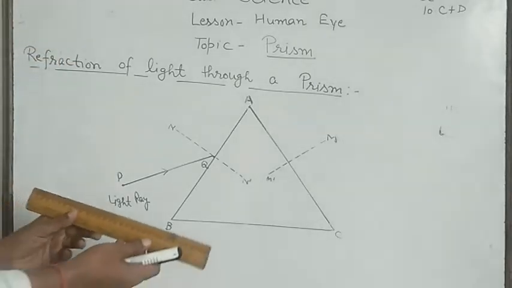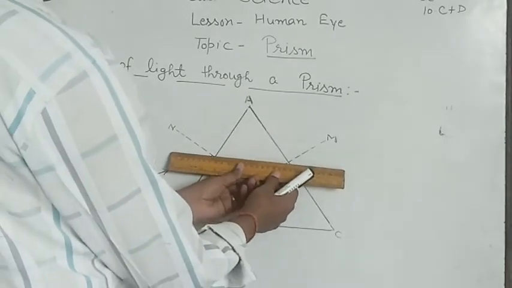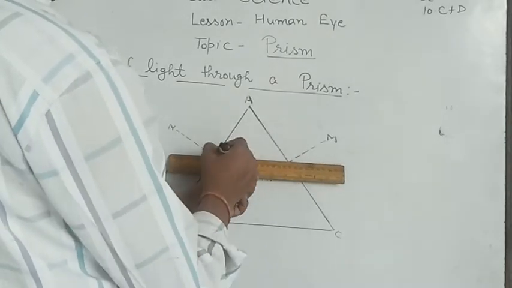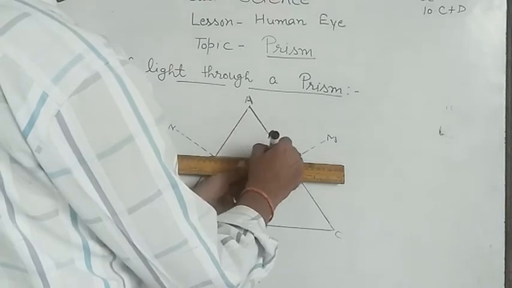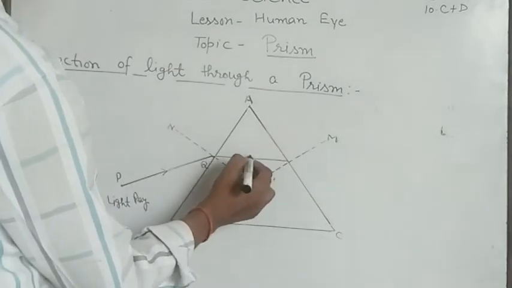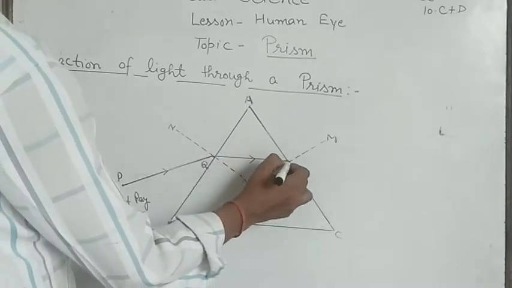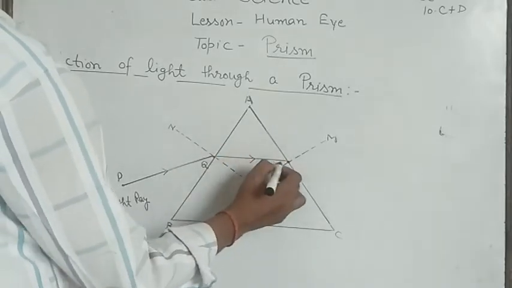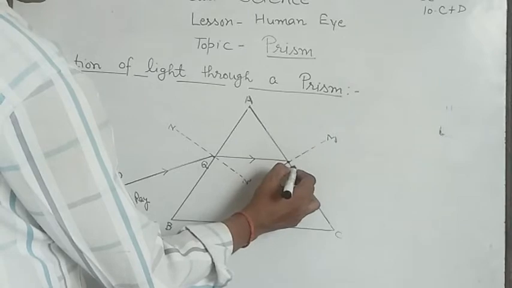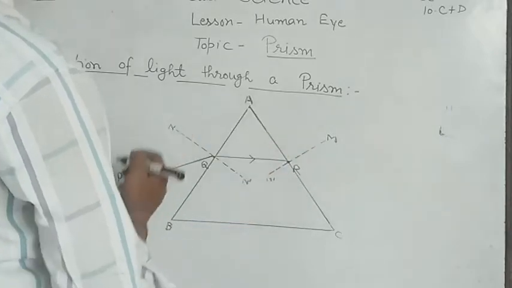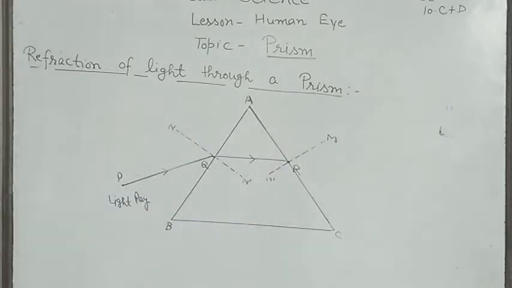goes to the second surface at point R. At the second surface AC, the light ray has entered from glass to air.